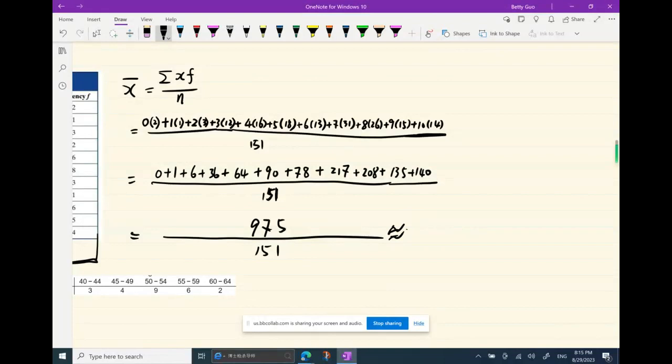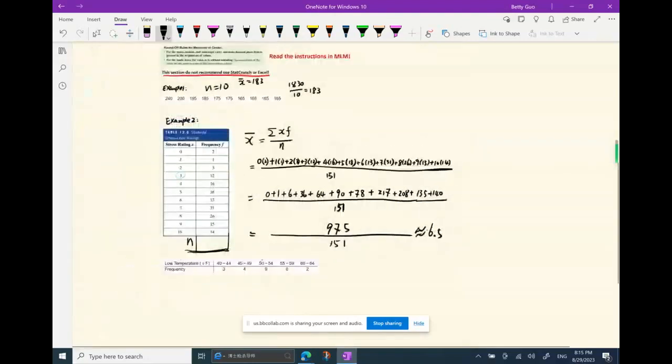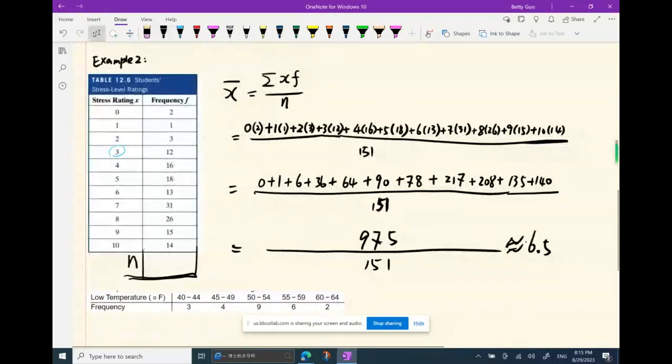If we round it to 1 decimal place, 6.5. So the center of this data set is 6.5. Well, 6.5 actually is not even a level. We can round it up to 7, right? Or between 6 and 7. So you can see averagely speaking, people have like a level 7 stress reading.